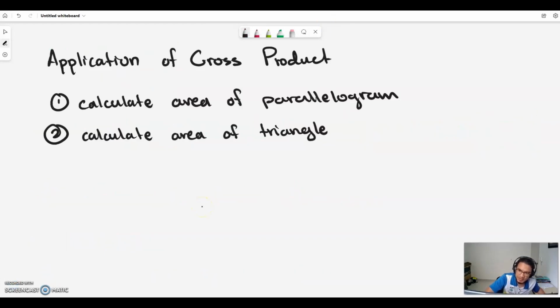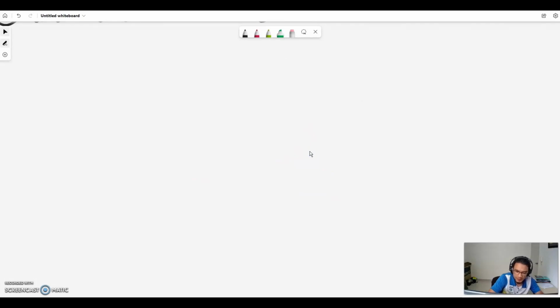Okay, so next let's go to the application of cross product. Cross product can be used to calculate, first, the area of a parallelogram, and second, the area of a triangle. Firstly let's look at how to calculate the area of a parallelogram. Let's say we have a parallelogram right here.